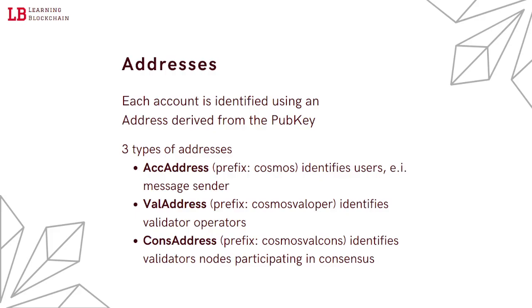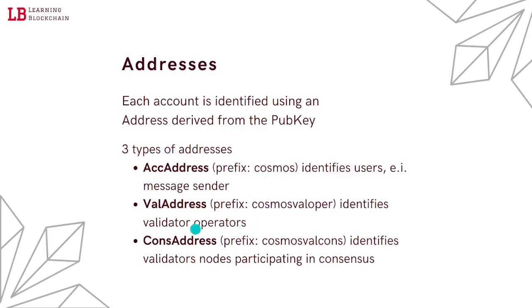There are many addresses in the Cosmos SDK applications. Each account is identified using an address derived from the public key. The 3 main types of addresses are the account address, usually with a prefix like cosmos, and identifies users. For example, a message sender, when we sign a transaction, it will be an account address.